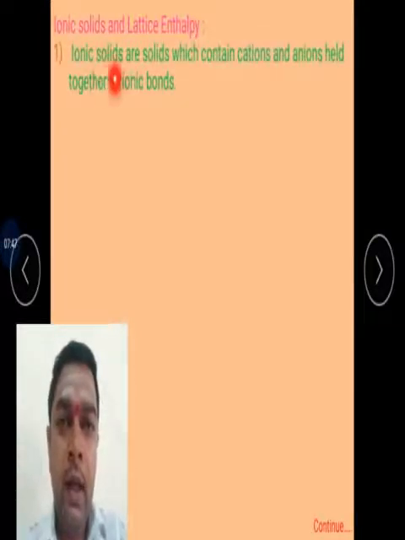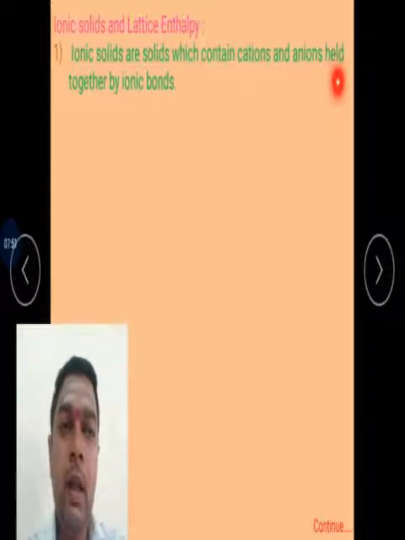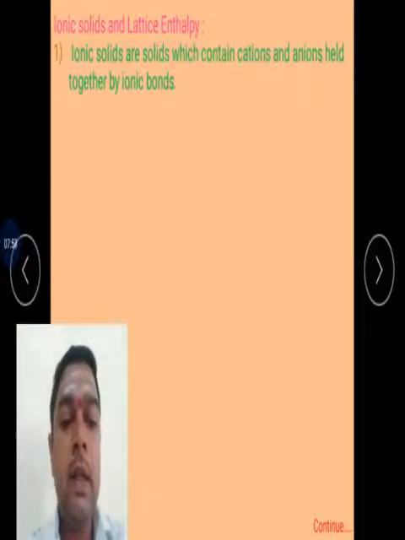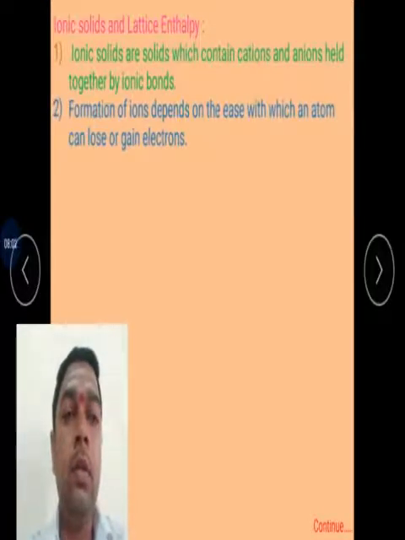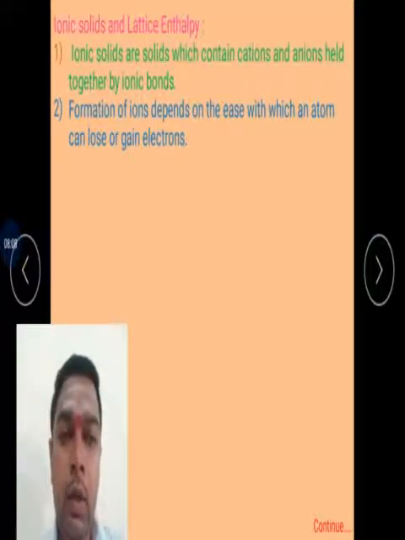That is, ionic solids are solids which contain cations and anions held together by ionic bonds. The formation of the ions depends upon the ease with which an atom can lose or gain electrons.